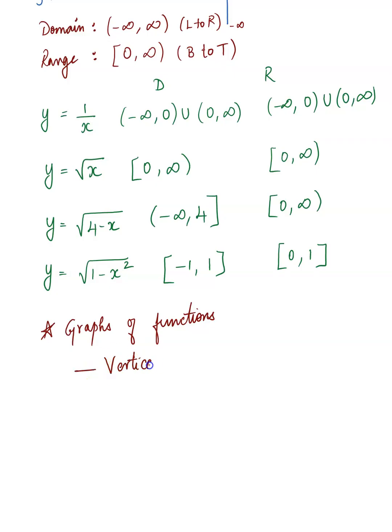So the vertical line test tests if, when you draw vertical lines throughout the graph, your vertical line crosses the graph at most once. So no more than one time can it cross for the test to pass.